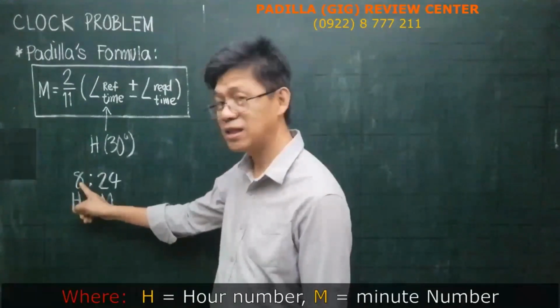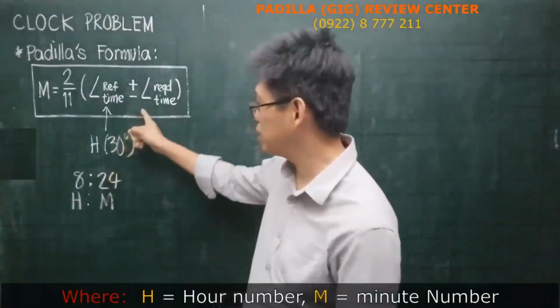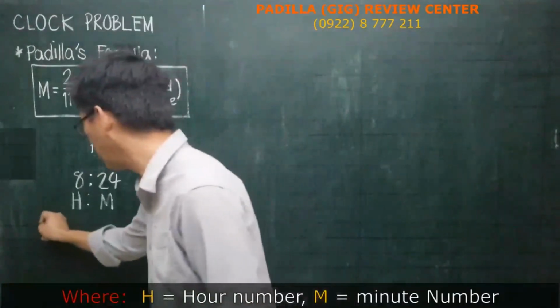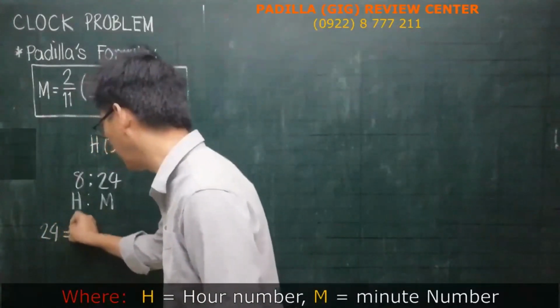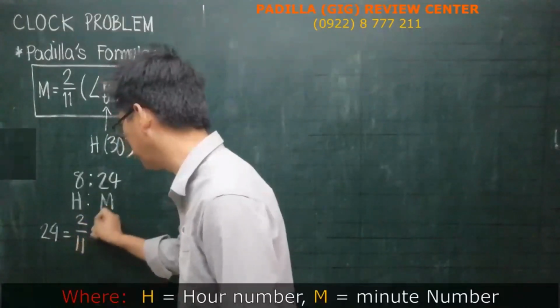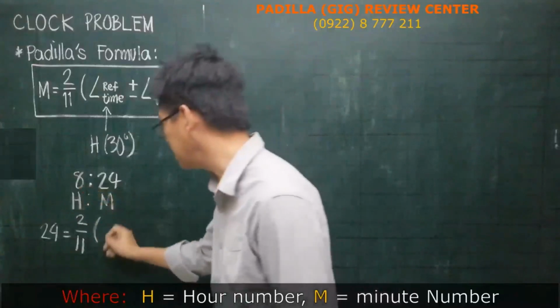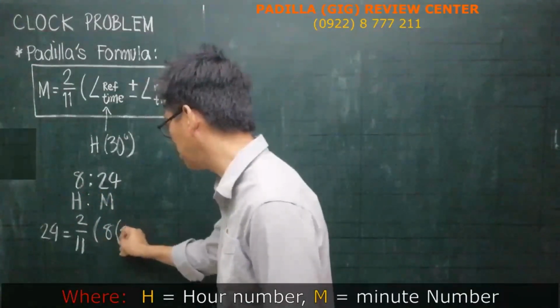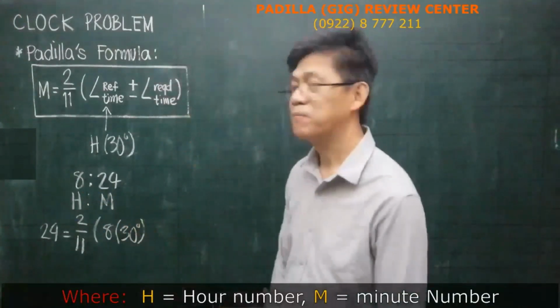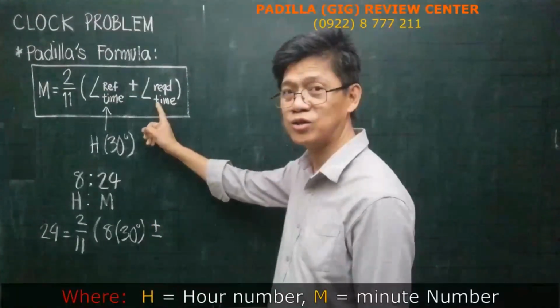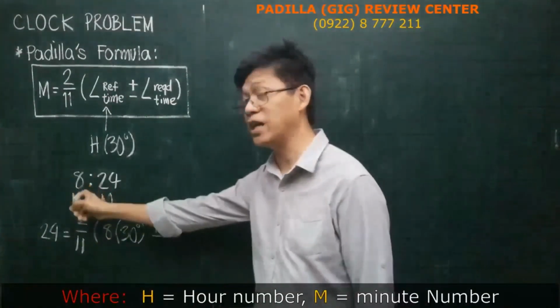RH is 8, RM is 24. Substituting to this equation, we will have 24 equals 2 over 11 times H times 30, that is 8 times 30 degrees, plus or minus angle during the required time, during 8:24.